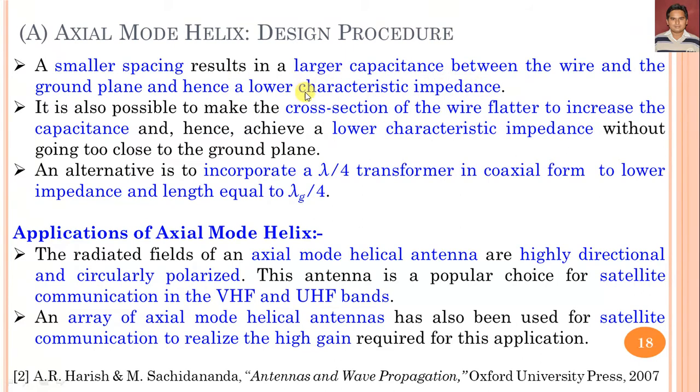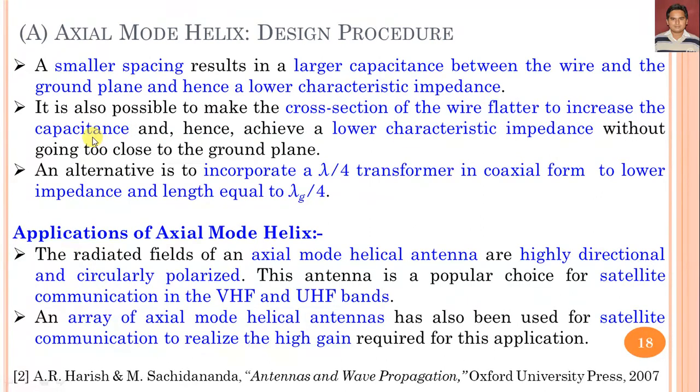So we can say the characteristic impedance of a helix antenna can be reduced by defining a small spacing between the turns. This creates the large capacitance and we can reduce the characteristic impedance. It is also possible to flatten the cross section of the wire to increase the capacitance.